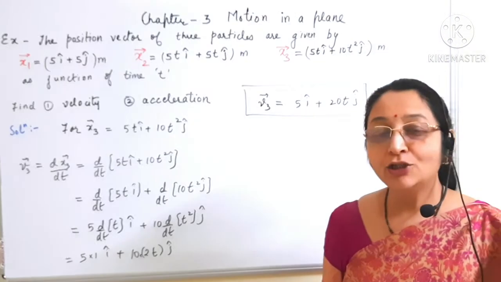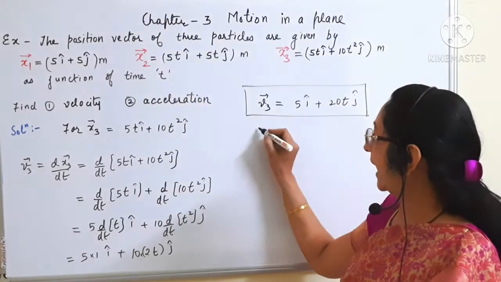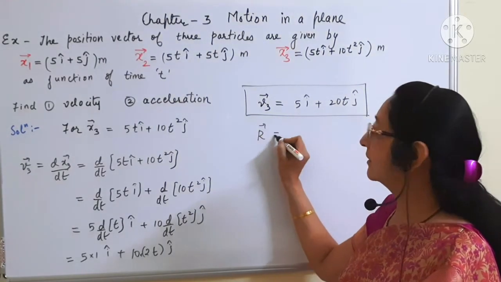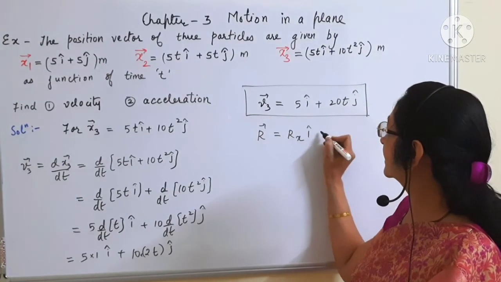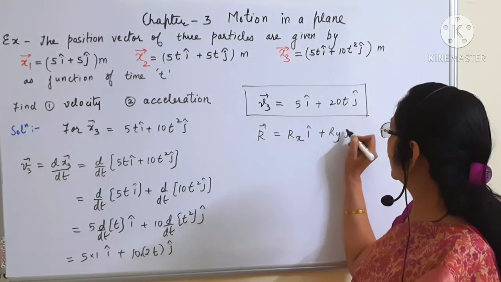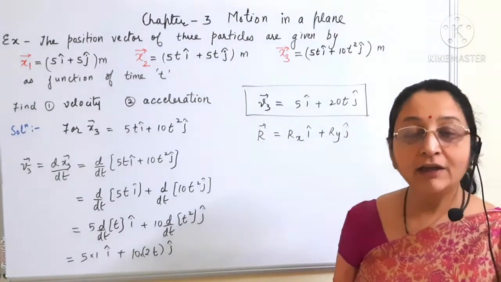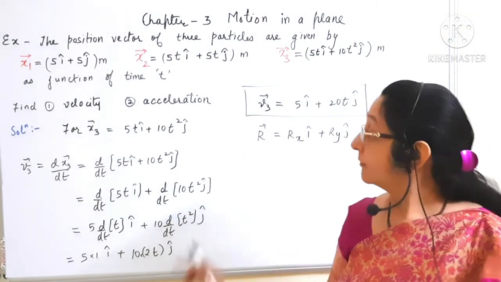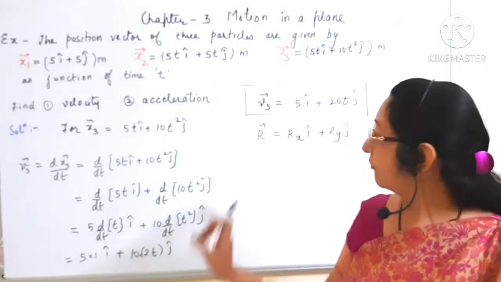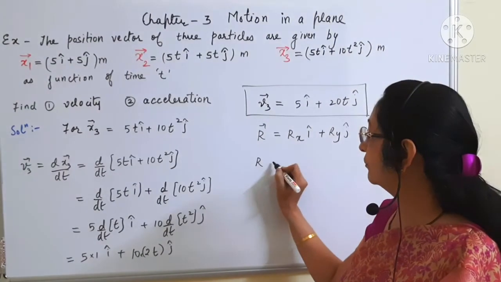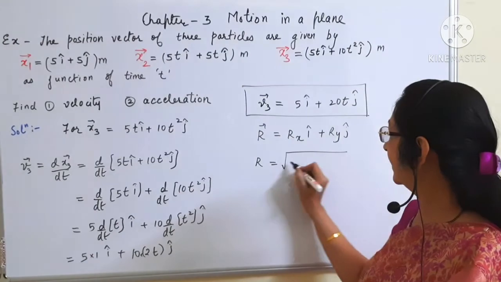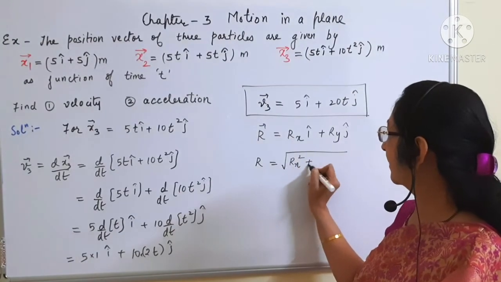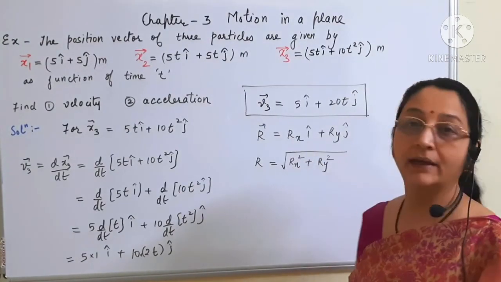Now what is the magnitude of velocity? We know that if r is the vector and it is separated into rx i plus ry j, we write the magnitude of r as, आता इथे नुसतं r लिहिलेलं आहे मी याच्यावर arrow दिला नाही कारण मी magnitude find करते, याला कसं लिहिते, under root of rx square plus ry square.